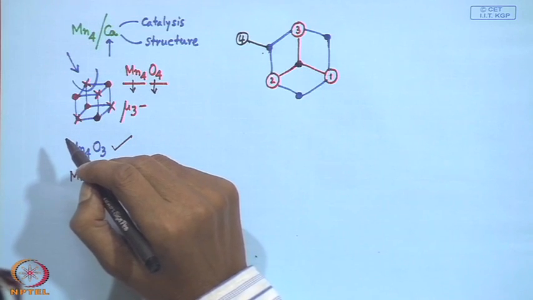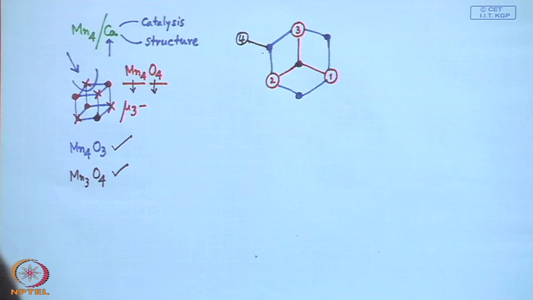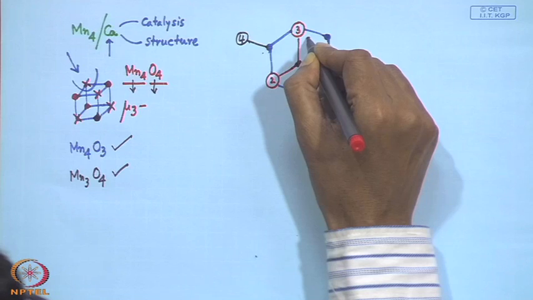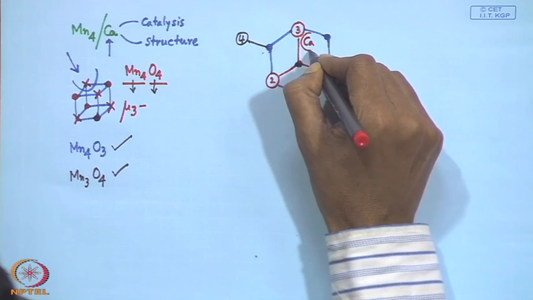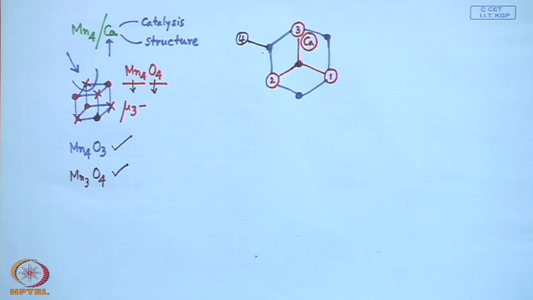So, the core structure is a partial cubane structure, and then you have this manganese 4, and in between, not directly connected, you have the calcium close to manganese 3.